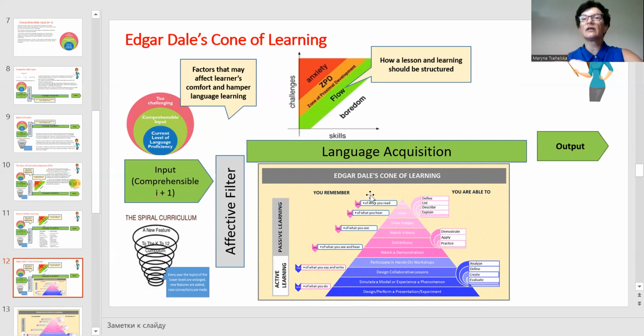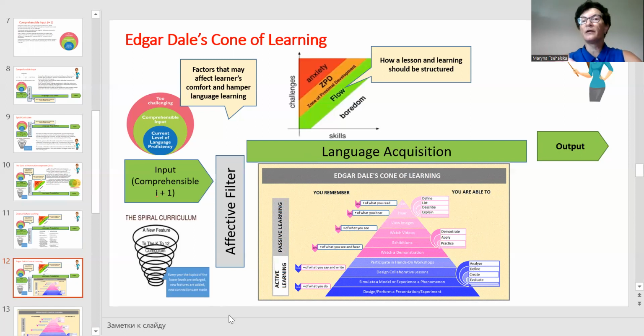So it shows us that if you just read, hear, see, but you don't actually do anything, you are at the stage of passive learning, or we can say that you are at the stage of surface learning, and you are able to describe, explain, and demonstrate, but you are not able to go higher.